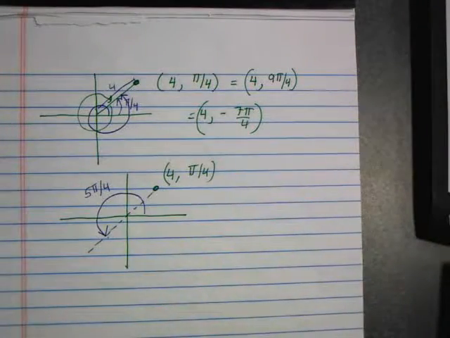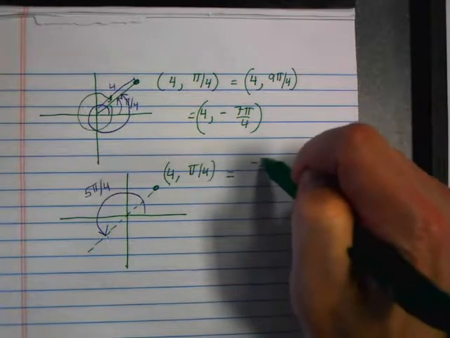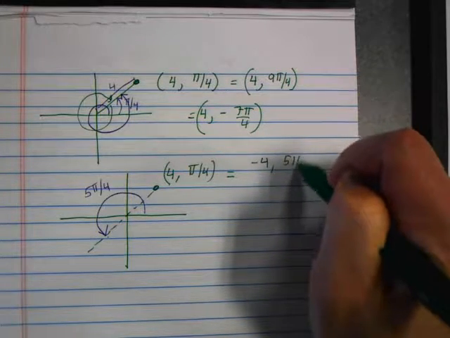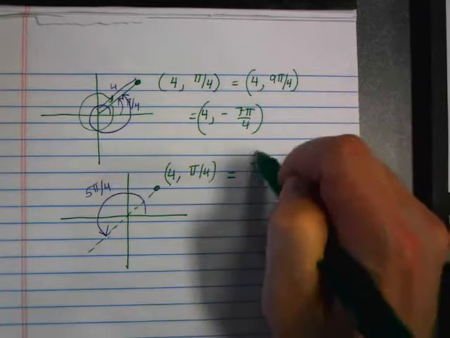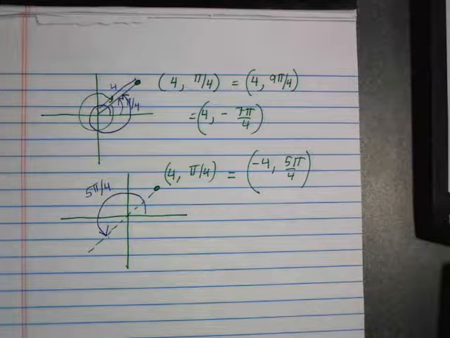So we could also call this the point negative 4, 5 pi over 4. But that's the only way r can change. r can be positive or negative, and that's it. It always stays 4 in magnitude, but it could be positive or negative. Questions on that?